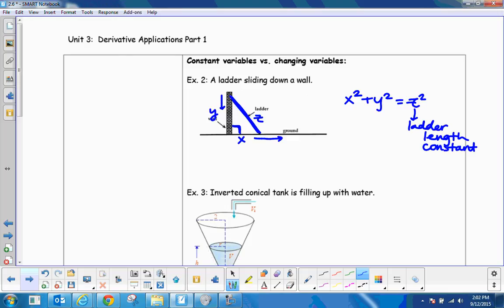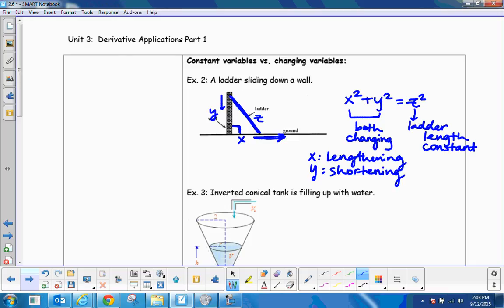But as the ladder slides down the wall, then Y is going to get shorter and shorter, and X at the same time is going to get longer and longer. So these are both changing. The X part would be lengthening as it's sliding out, and the Y part would be shortening because as it's sliding down, you have less and less height there.